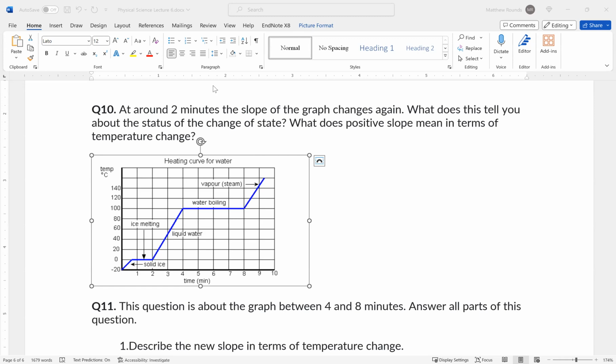Okay, so you didn't at all include the word state. Oh, I forgot. You've not included the words liquid water. You have talked about ice melting. You may want to talk about solid ice.